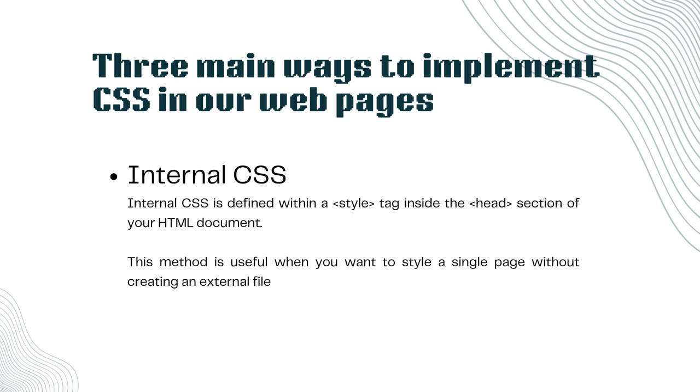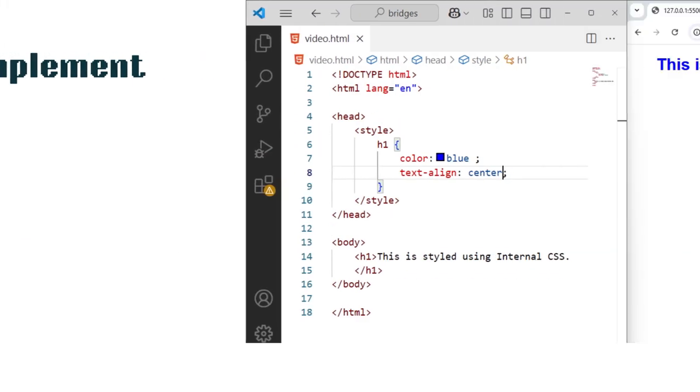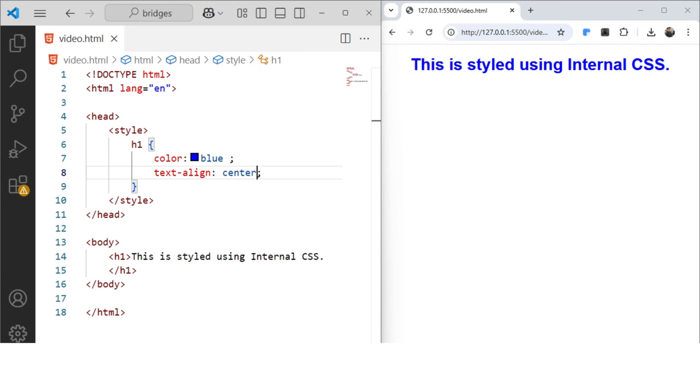Next, we have internal CSS, which is defined within a style tag inside the head section of your HTML document. This method is useful when you want to style a single page without creating an external file. Here, the styles for the H1 tag are defined within the style block. The text color is set to blue and the alignment is centered.